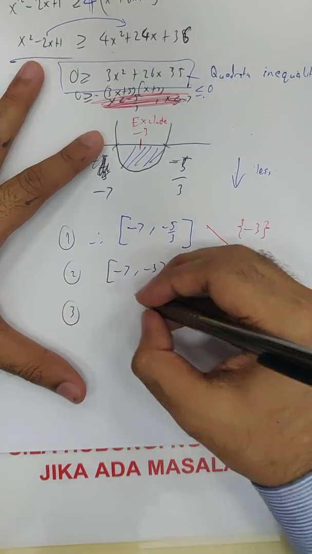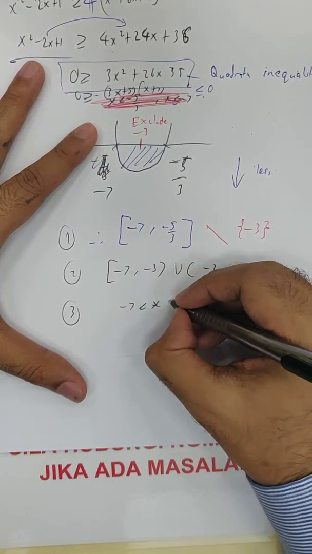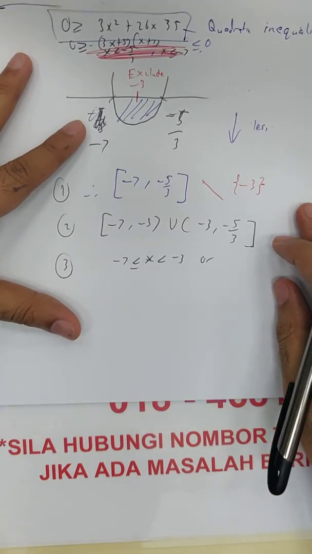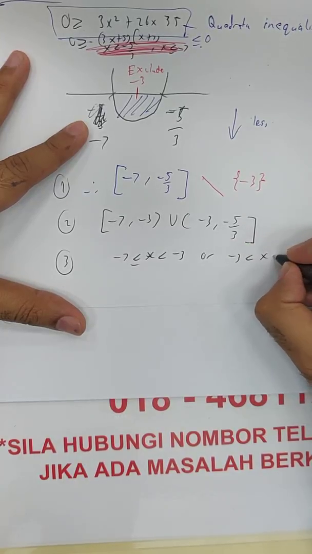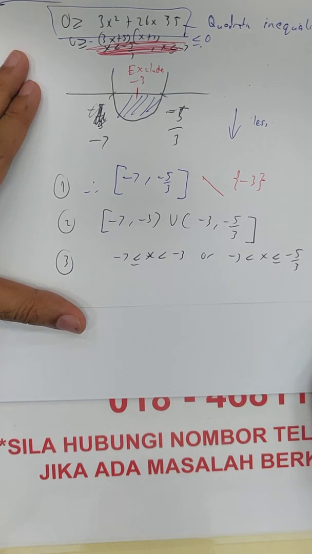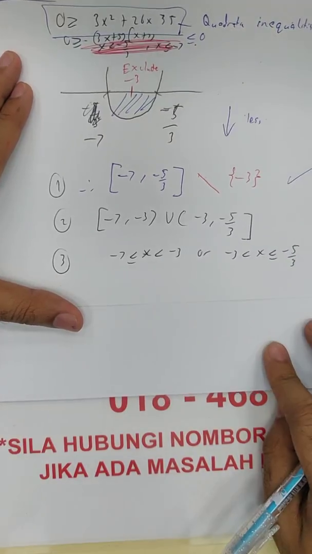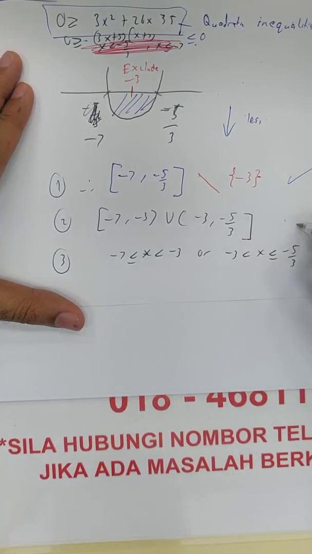Or another way, negative 7 less than x less than negative 3, or negative 3 less than x less than or equal to negative 5 over 3. Which one among these three is the easiest way to write down? Obviously the first one. So I prefer the first one. But if you answer these two ways, is it correct? In exam, full marks for all three of them.